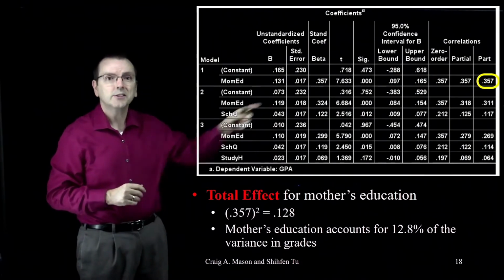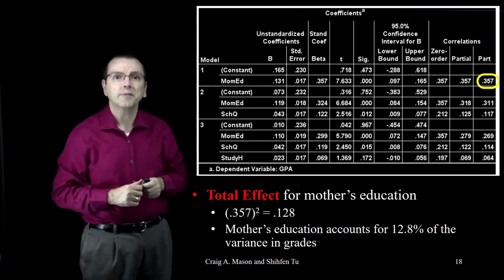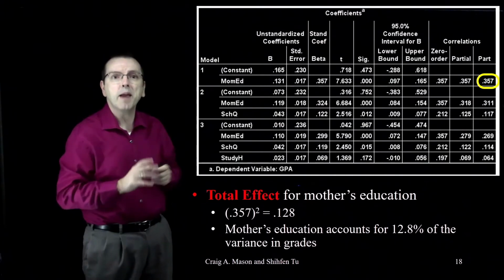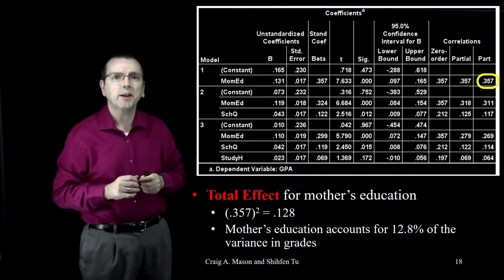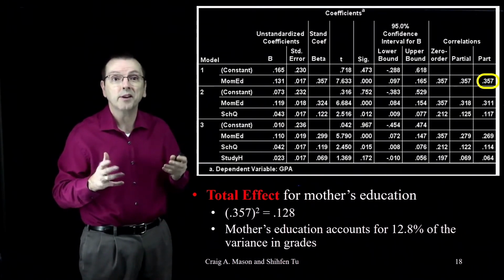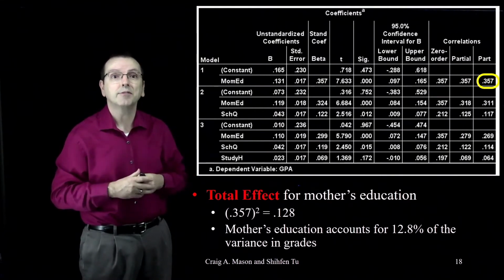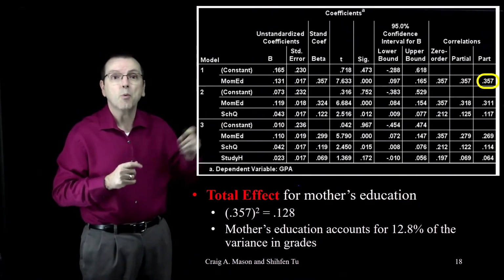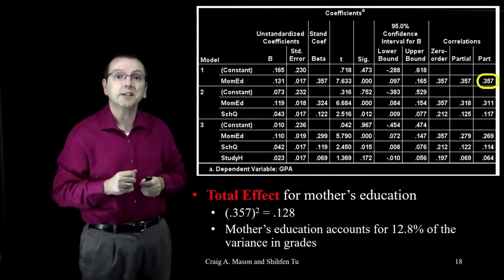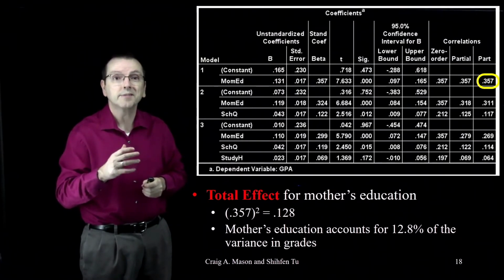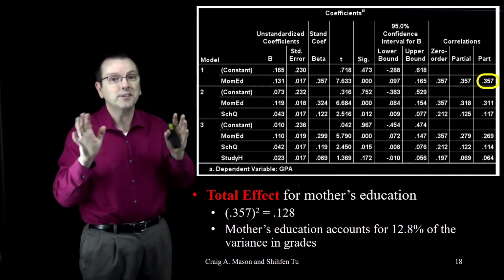And then there's the squared semi-partial correlation. So I noted a paper may include this in the coefficient table, but you may also just see it reported in the narrative text itself. In this case, squaring the 0.357 gives us 0.128 using non-rounded values.